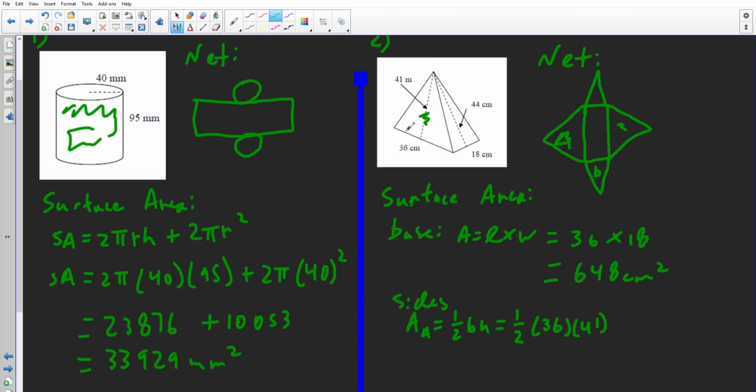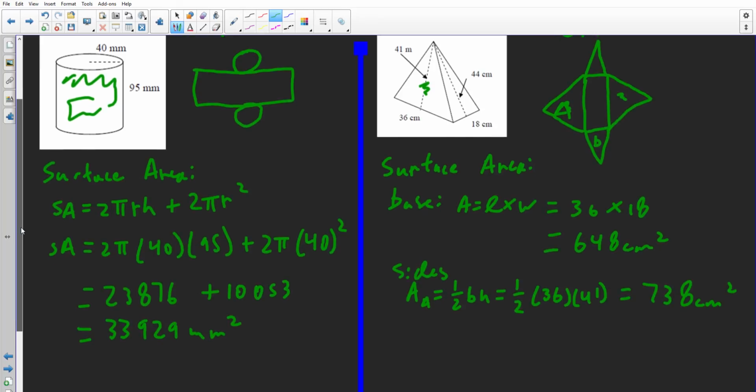Now the 36 comes from this side, so side A is the side with a longer base. So we're going to use the 36 and then the height of 41. So that is equal to 738 centimeters squared.